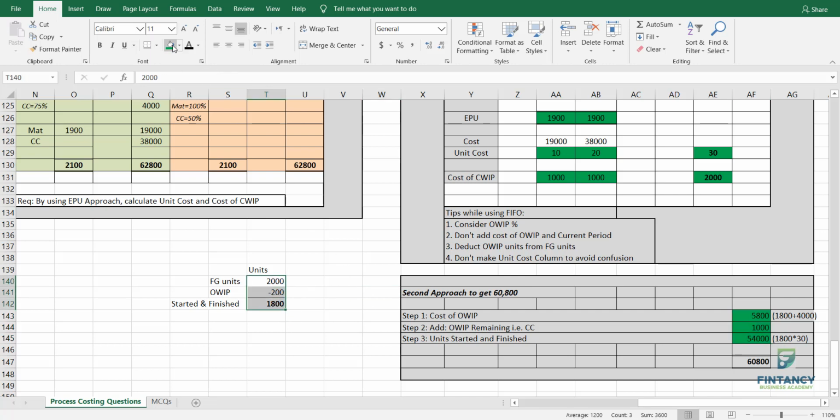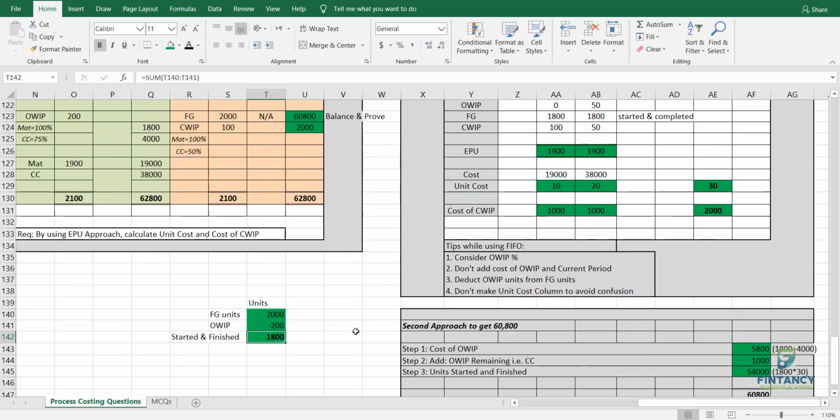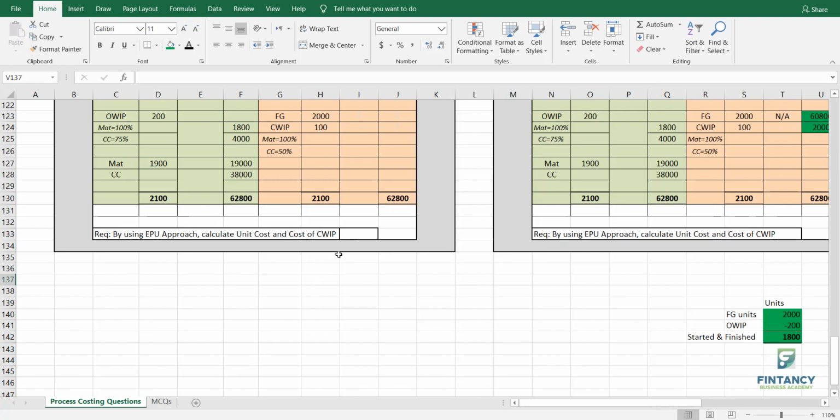Even they can ask you units only. How many units are started and finished? So this working is there. So once you are okay with this working, you can solve any question. That's how I told you in the start that if you are okay with these workings, you can solve any question, and we will see that when we will solve MCQs inshallah. So my friends, this is the end of process costing.